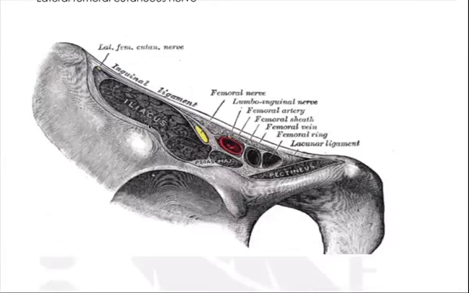So in the lacuna vasorum, the contents are femoral vein, femoral artery, femoral branch of the genitofemoral nerve, and also you can say the deep inguinal lymph nodes as well. And what about the contents of the lacuna musculorum? It will contain only the femoral nerve. Is it clear about the contents of the lacuna vasorum and the lacuna musculorum?